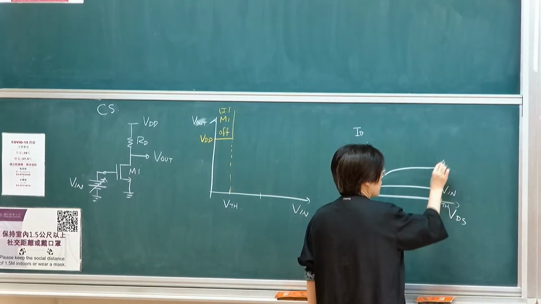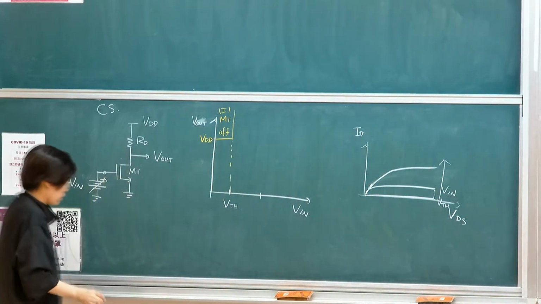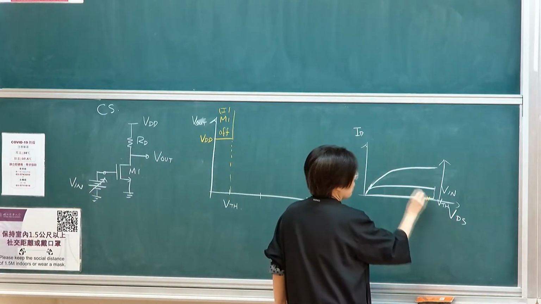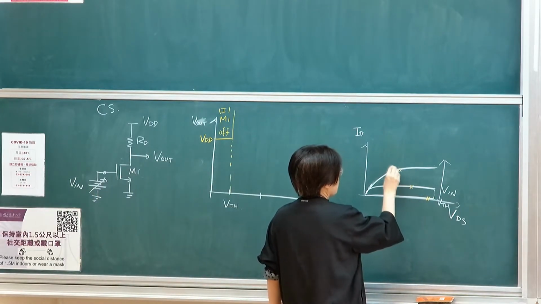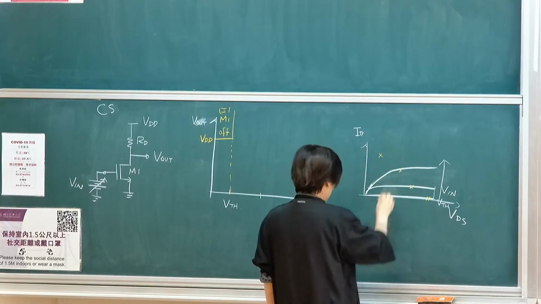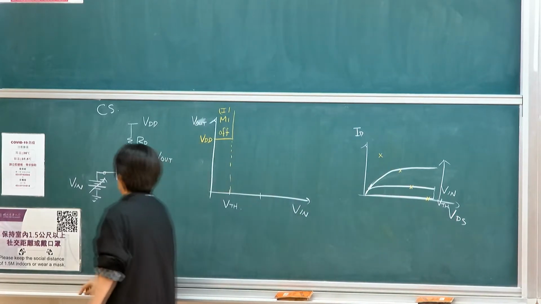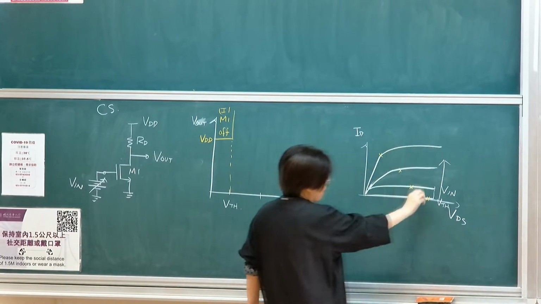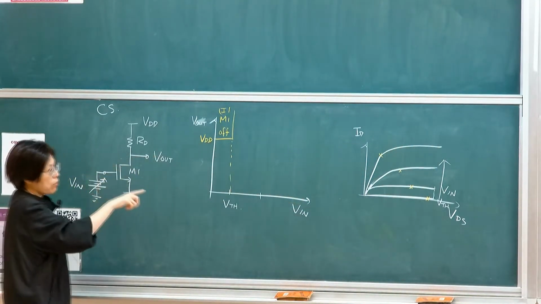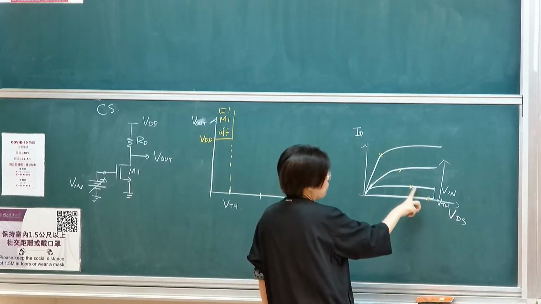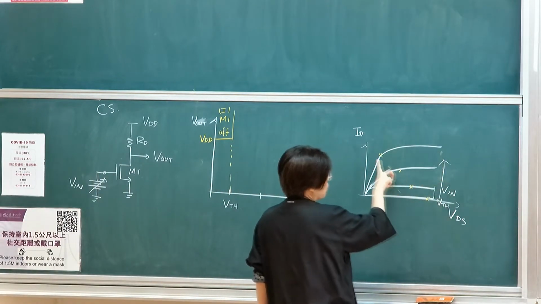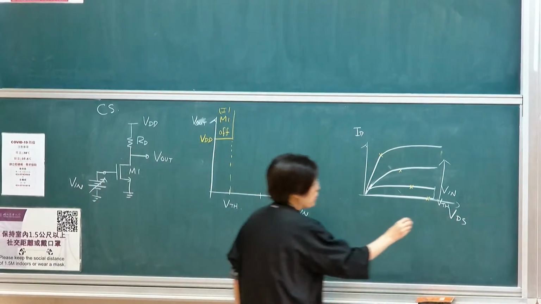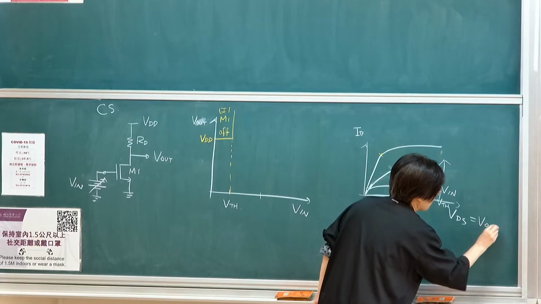If Vin increases, it goes in that direction. So it will move from here to here to here. The transistor is moving from high VDS to lower, but as Vin increases, it moves to the left. This is the same as VL.